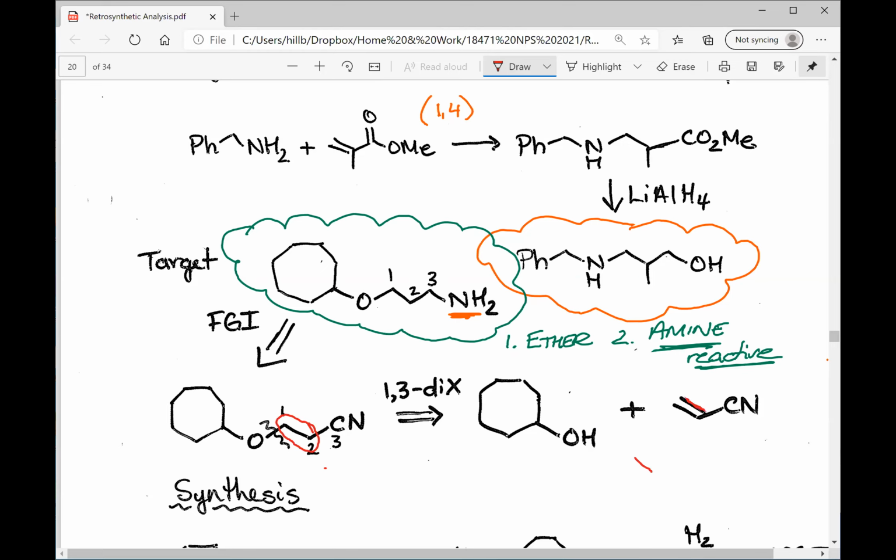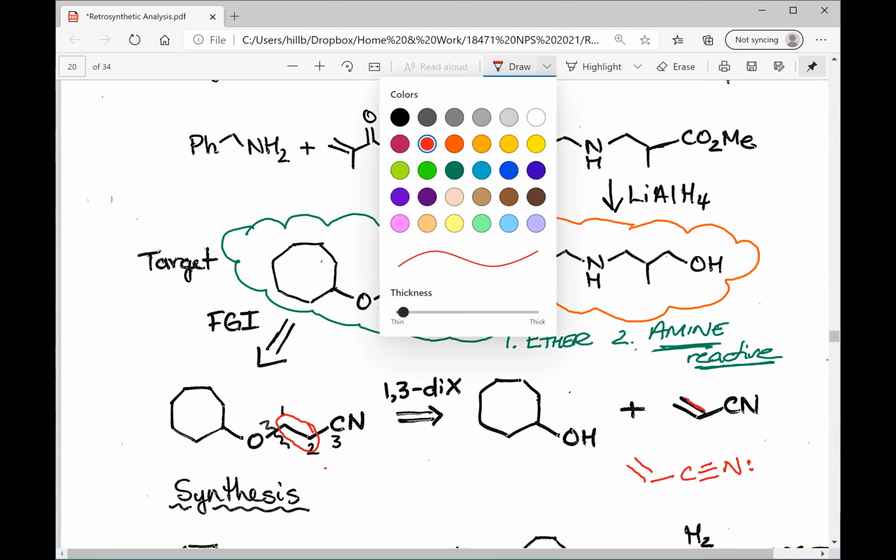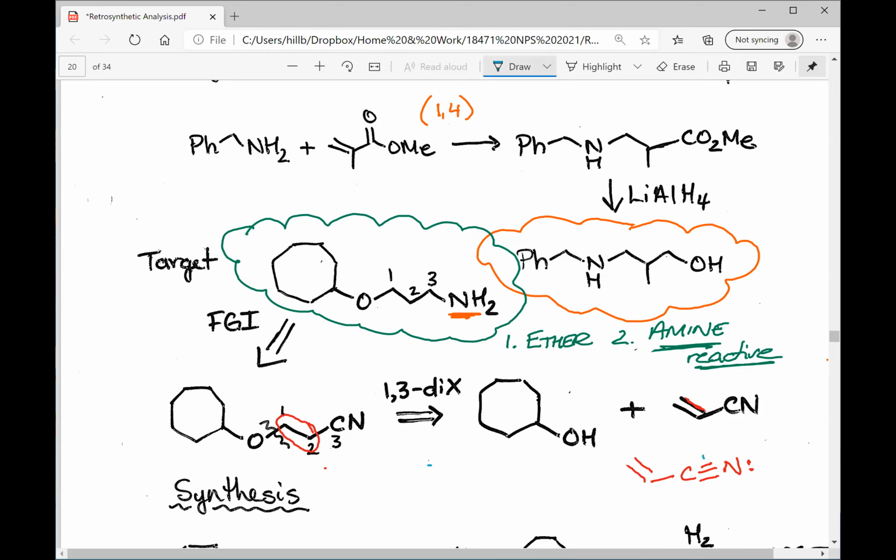So a conjugated nitrile, let's draw some resonance structures of this. In light blue, we've got a pi bond between carbons of different electronegativity. Let's draw this first one.